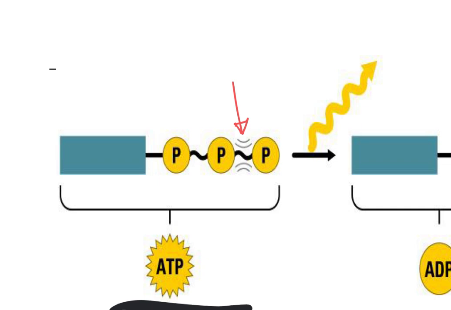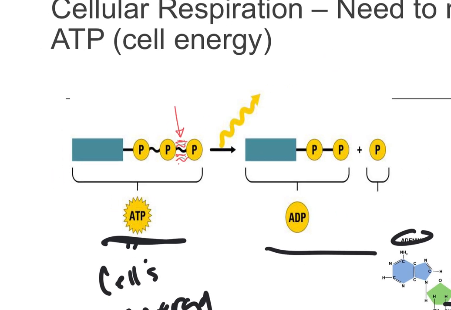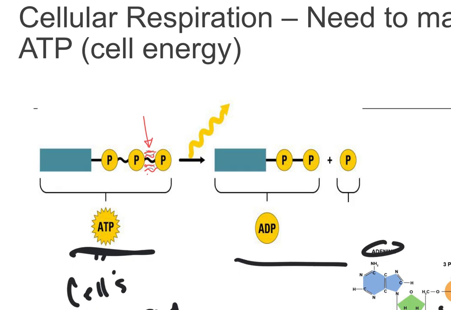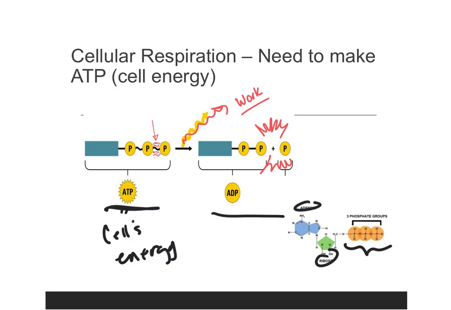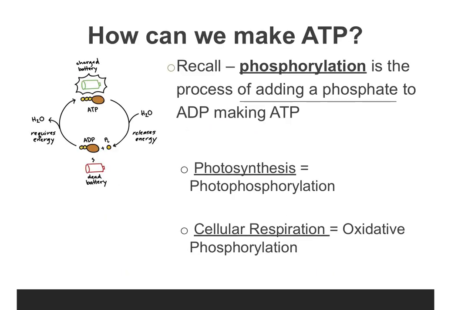When it's fully charged, it has this energy built in, ready to go to do whatever cellular activity you need. That energy is released when that phosphate is broken off, and it is able to do work. So the end goal of cellular respiration is to create this usable energy.